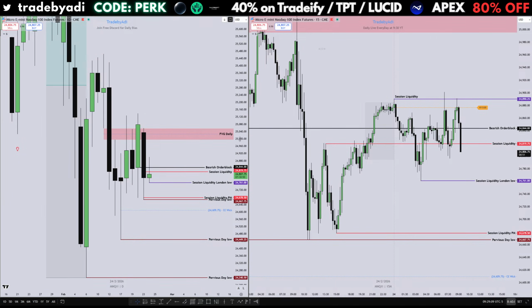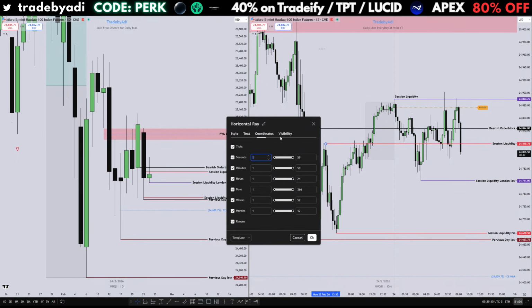Nowadays the daily is not clear, but still we are managing to trade this without a bias.